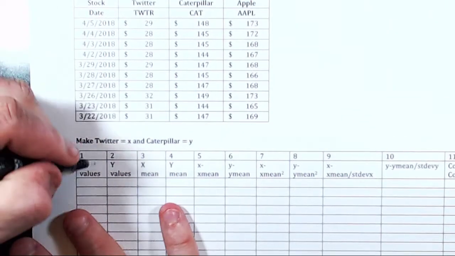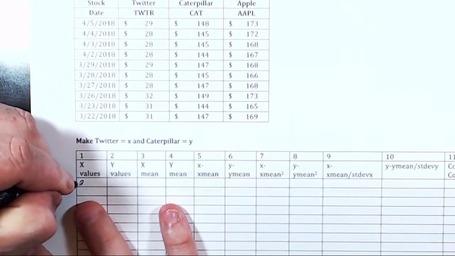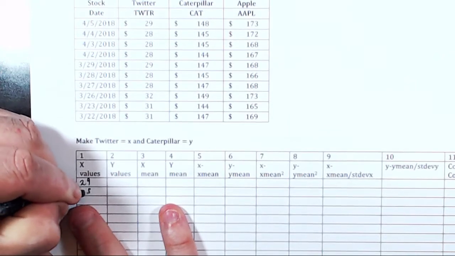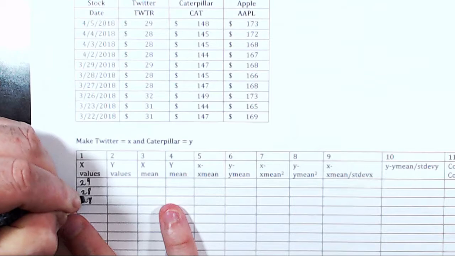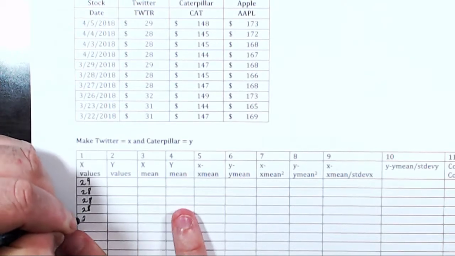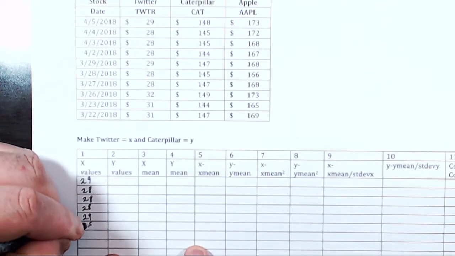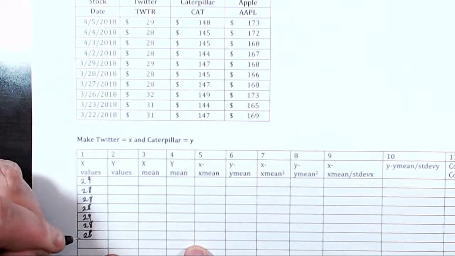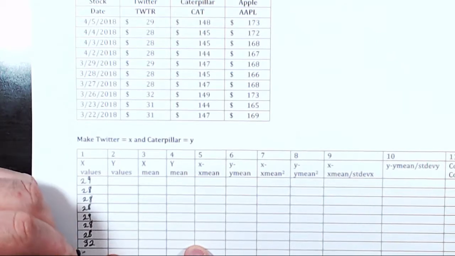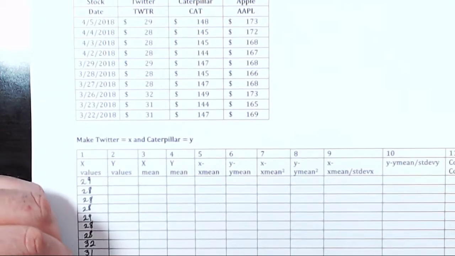So I'll just do that really quickly: 29, 28, 28, 28, 29, 28, 28, 32, 31, and 31.